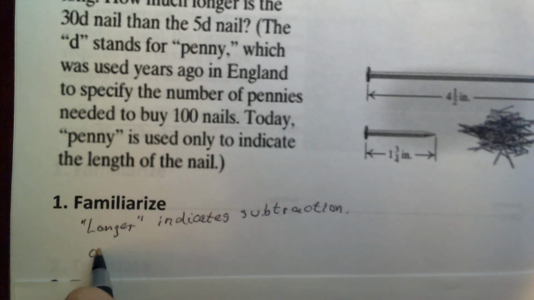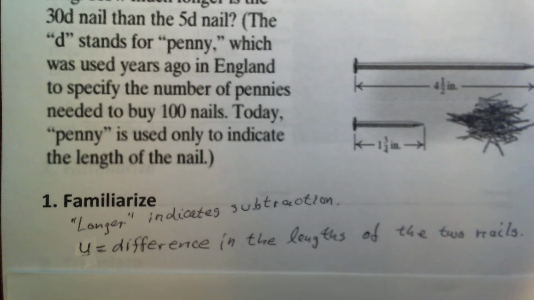So let D be the difference in, well, no, D would not be good. So let U denote the difference in the length of the two nails. Now we want to translate this, and so the difference would be between 4.5 inches for the longer one minus 1 3/4 of the 5D nail.